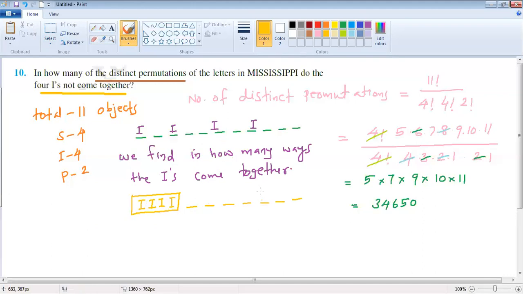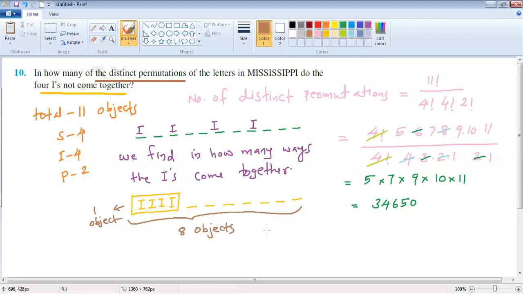Remaining 7 alphabets are there. So in total there are 8 objects. You consider this as one object.